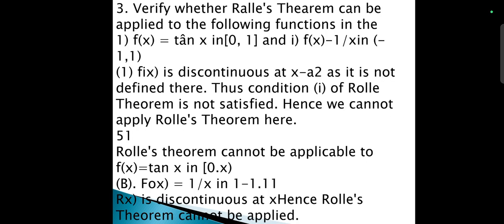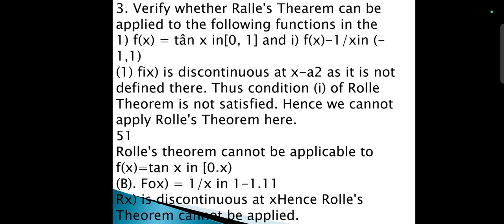Verify whether Rolle's theorem can be applied to the following functions: f of x is equal to tan x in 0 to pi, and f of x is equal to 1 by x in minus 1 to 1. First one, f of x is discontinuous at x is equal to pi by 2, as it is not defined there. Thus, Rolle's theorem is not satisfied.